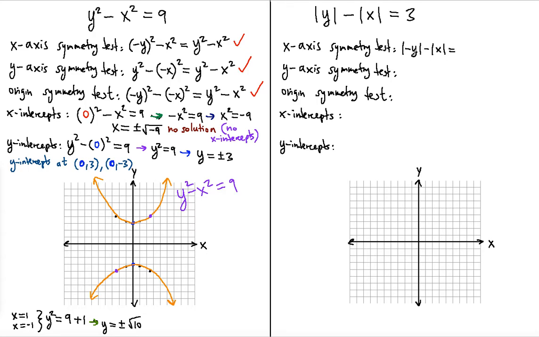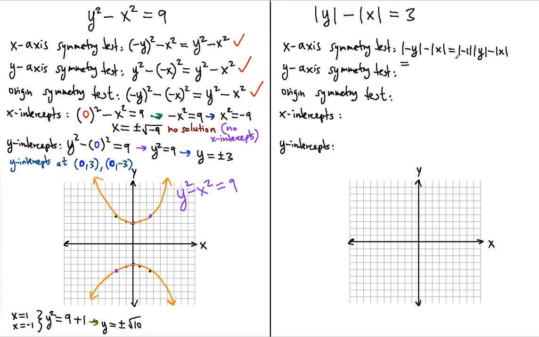Now keep in mind that when you have a minus y inside the absolute value, you can break up the minus 1 by itself, multiply it by the y, and then subtract absolute value x, right? So you're breaking up the absolute value of negative y into the absolute value of negative 1 times the absolute value of y.